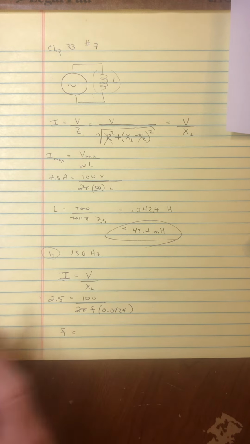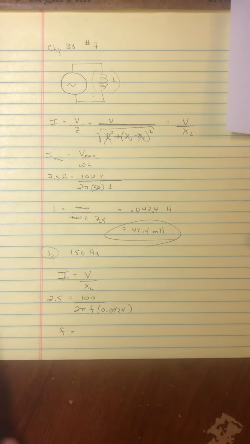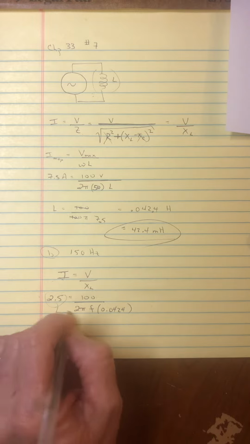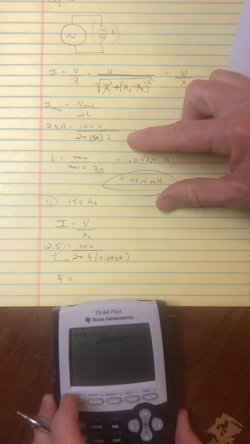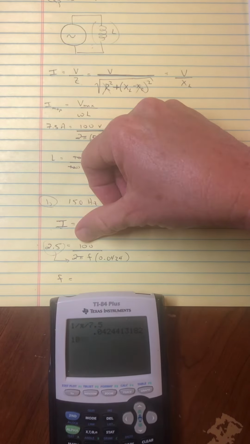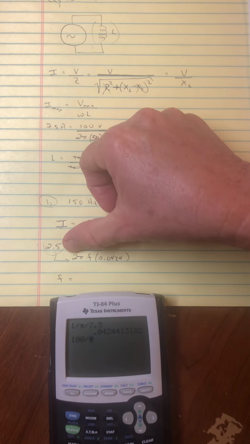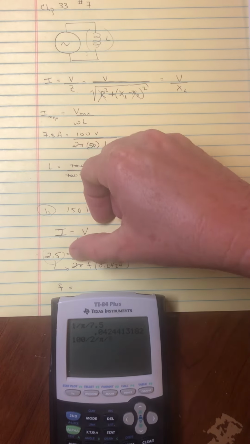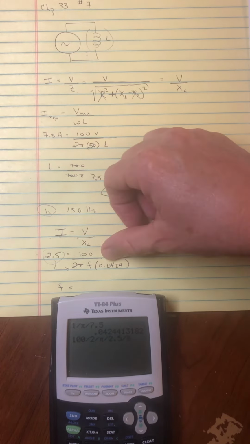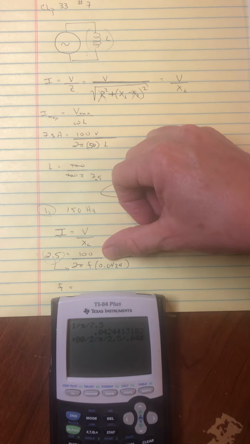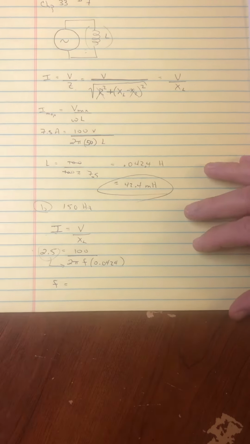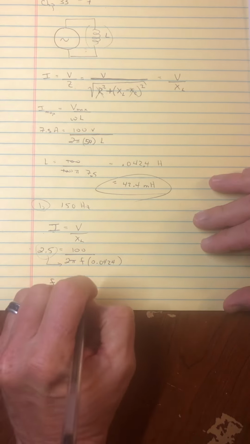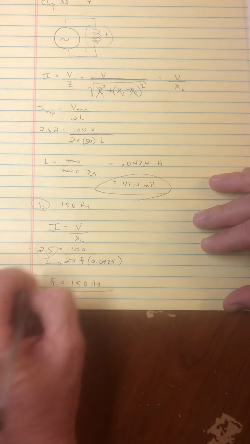So I'll bring f over to this side and bring the 2.5 over to here. So on my calculator, this is going to be 100 divided by 2, divided by pi. Another division is what I bring over, the 2.5, and then the 0.0424, and we're looking at, like I said, 150 hertz.